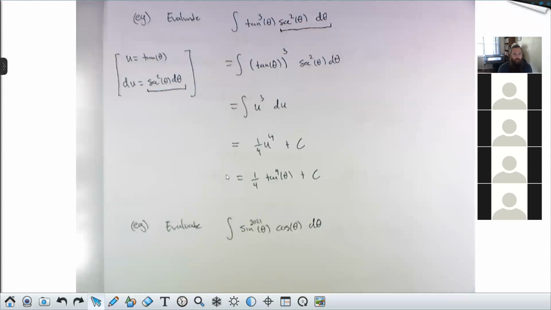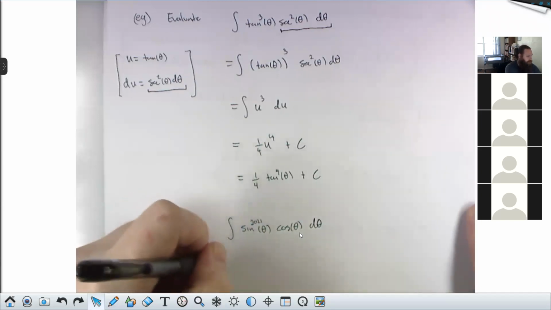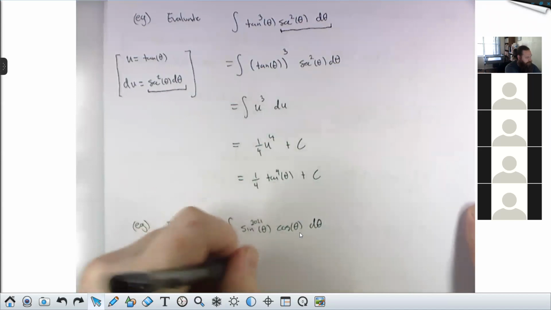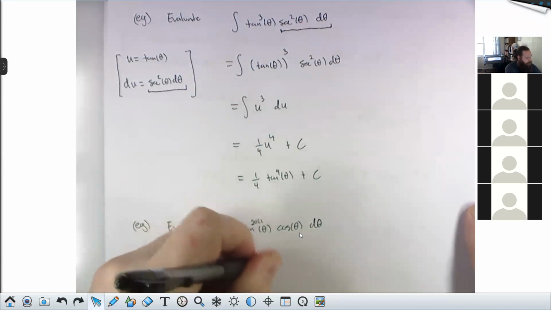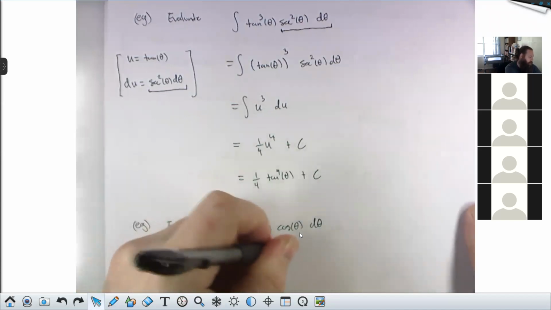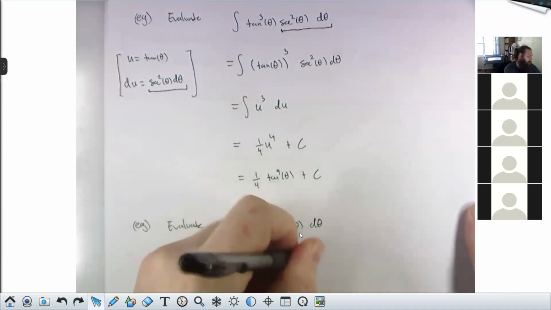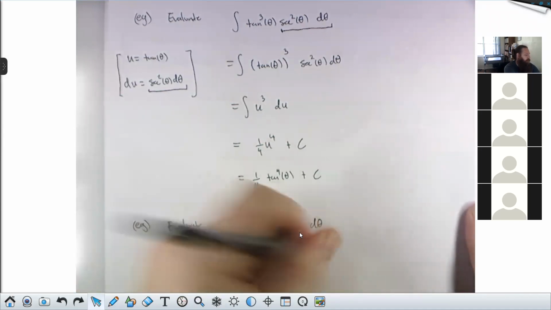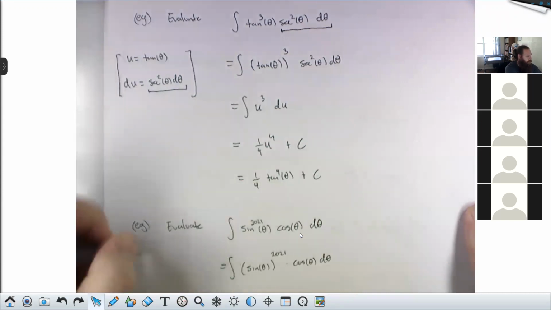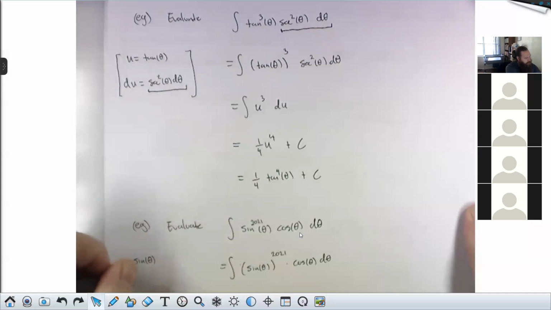Following the same sort of logic, I know that the derivative of sine theta is cos theta. And of course, sine to the 2021 is just shorthand for sine of theta all to the 2021. So if I make the substitution u equals sine theta, then du is cos theta d theta.